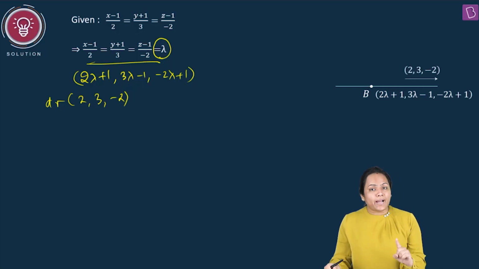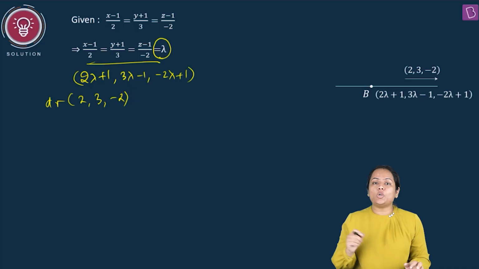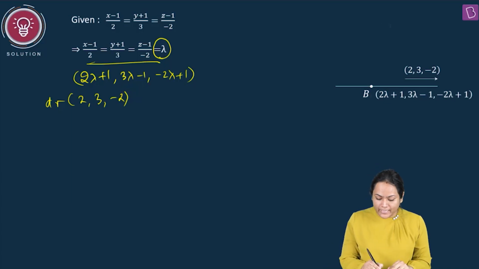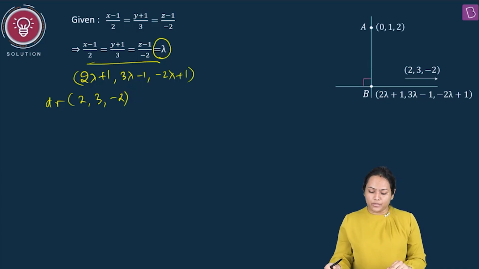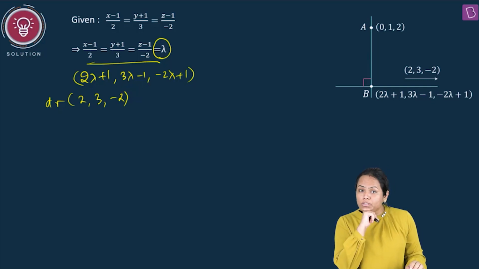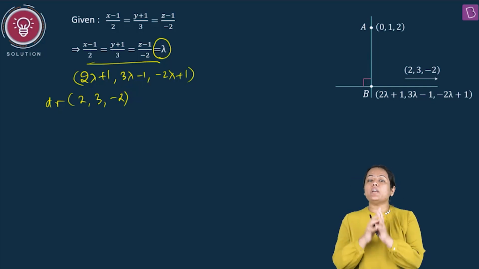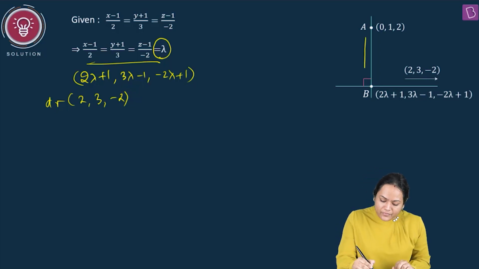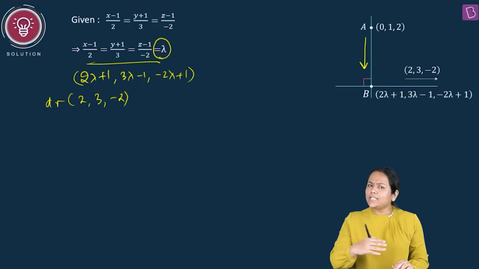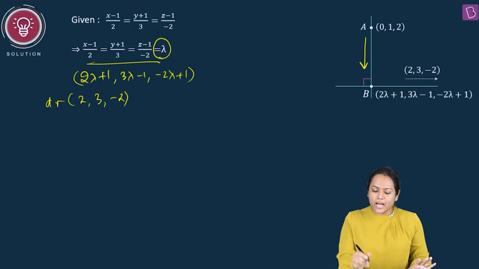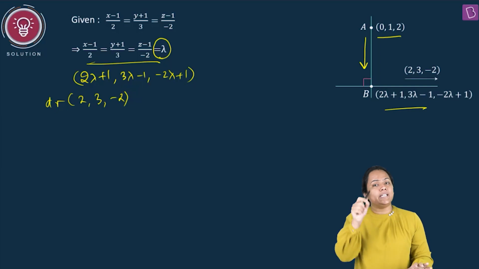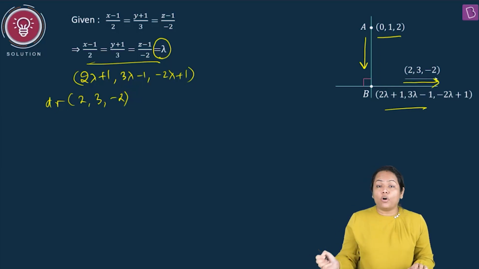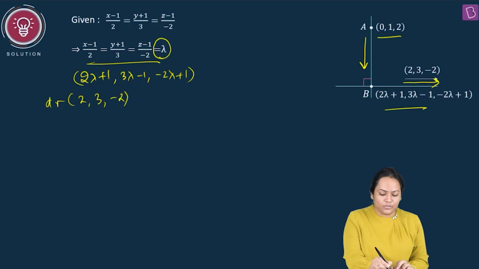Then I have to find a perpendicular line passing through the point A, which is 0, 1, 2. How are we going to do this? Well, now we are going to apply the condition of perpendicular lines. I have the AB vector, or the direction ratio of the AB segment, that can be written, right? I have A, I have B. Definitely I can write the direction ratio of AB. I have the direction ratio of the line L, which is given to me.